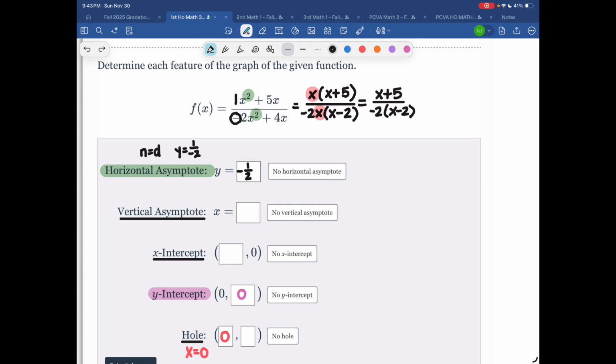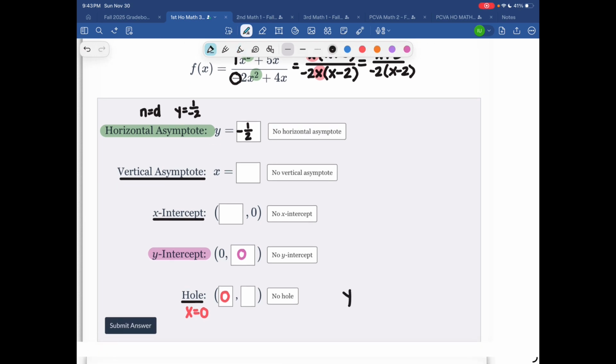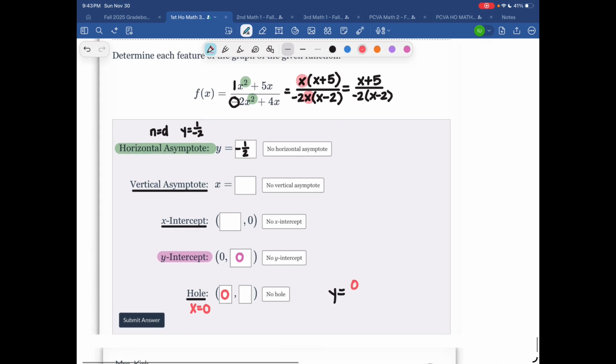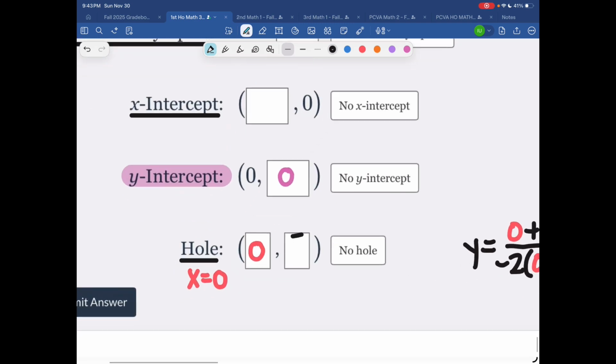So we're going to say y equals, and we're going to substitute in 0: 0 plus 5, remember, we do this in the simplified version, over 0 minus 2. That's going to give me 5. And then 0 minus 2 is -2, times -2 is going to be 4. So my hole is going to be located at 0 and then 5 over 4.